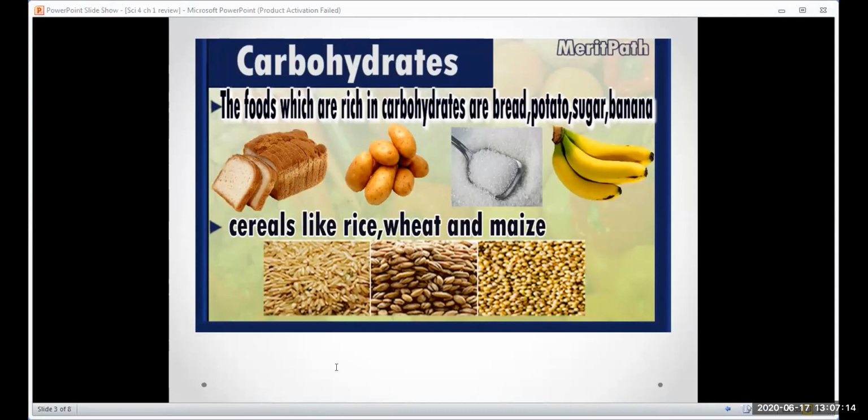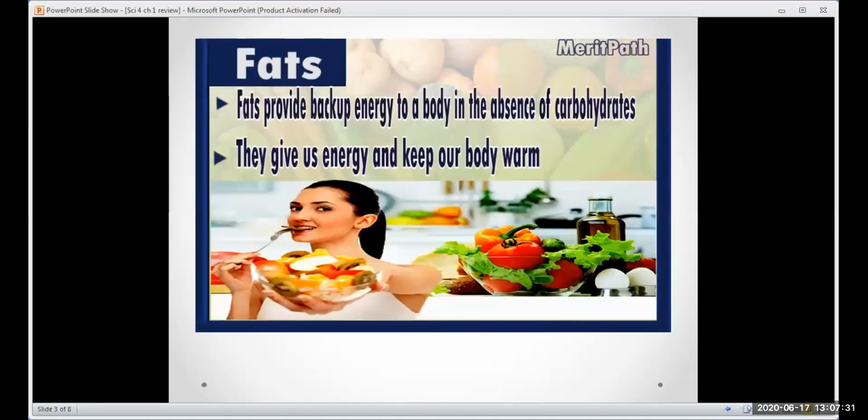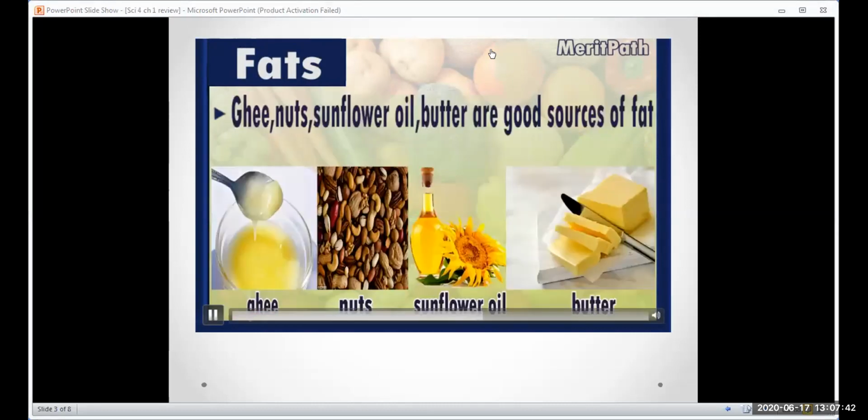Proteins build and repair the injured tissues of our body. Foods like beans and peas, poultry and seafood are good sources of protein. Fats. Fats provide backup energy to our body in the absence of carbohydrates. They give us energy and keep our body warm. Ghee, nuts, sunflower oil, butter are good sources of fat.